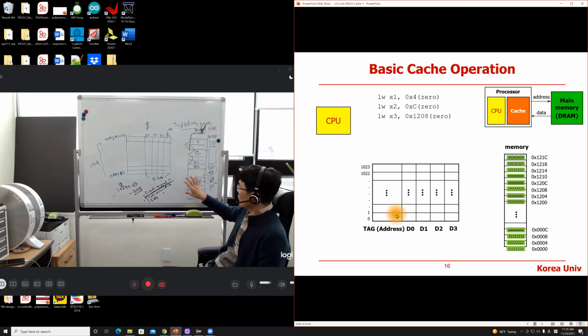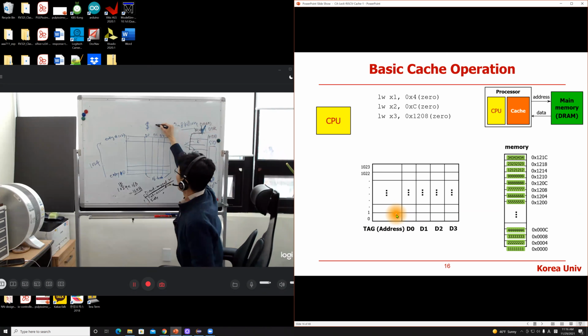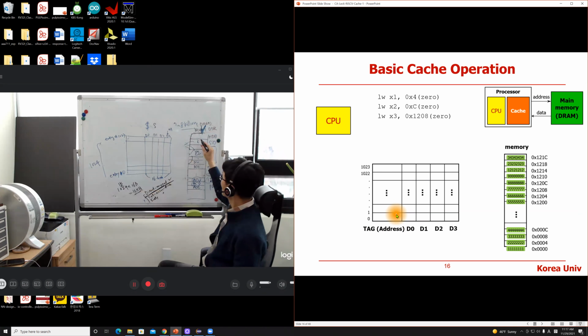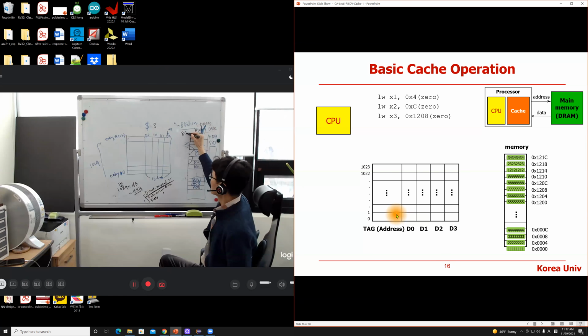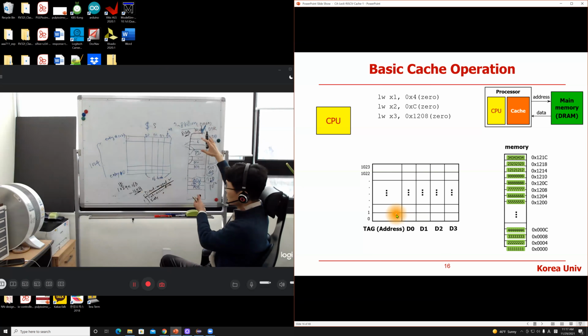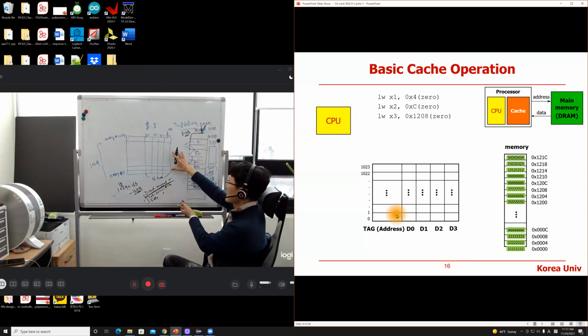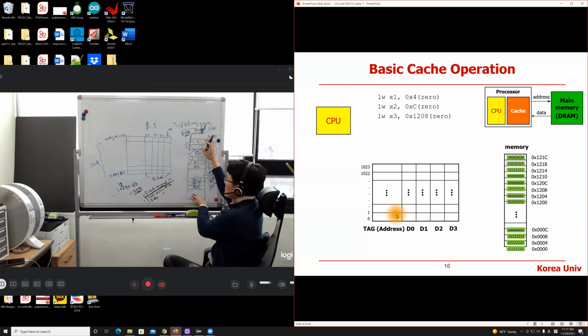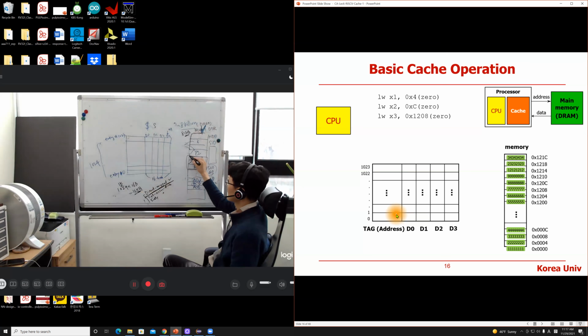So main memory is huge, right? 16 kilobyte here, 8 gigabyte, huge. That means cache is so tiny, it is not able to hold everything you have in main memory. It is able to hold only a small portion.